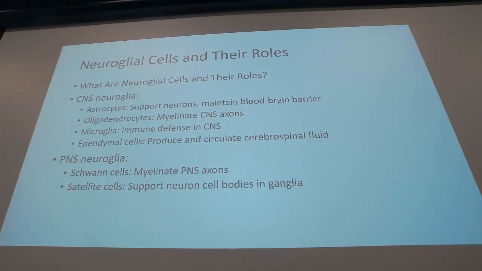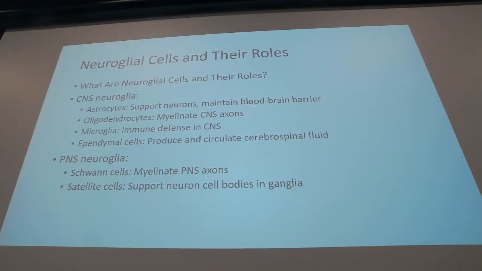So it gives chemical support, maintaining particular levels of ions that the neurons need, but also provides structural support because the astrocytes have extensions that hold the axons so that the neurons won't be floating.